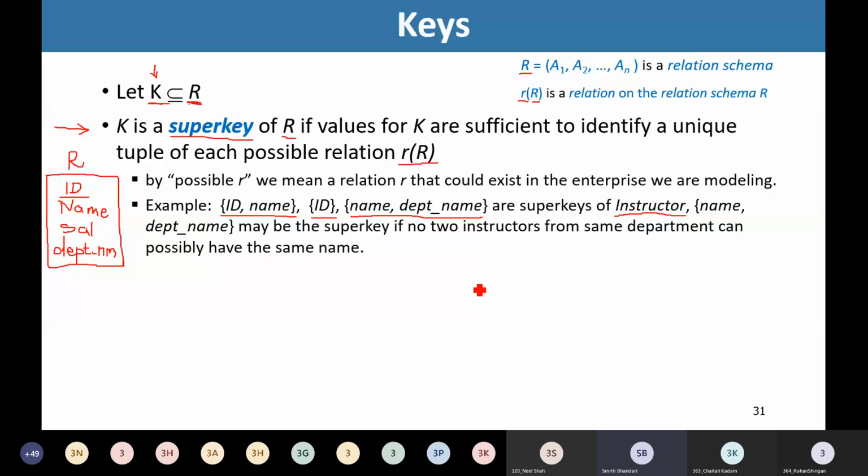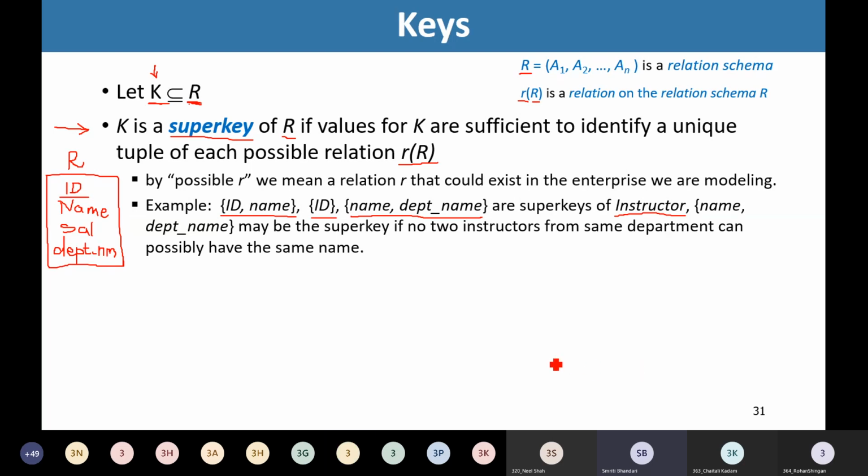They help me just to distinguish between two tuples. So super keys help me to identify a unique tuple in the relation. Am I clear? Yes, ma'am. May I proceed?